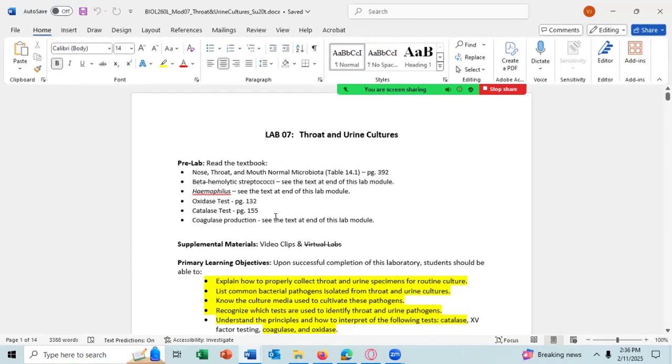There are some video clips to see in this lab. There's no virtual lab.